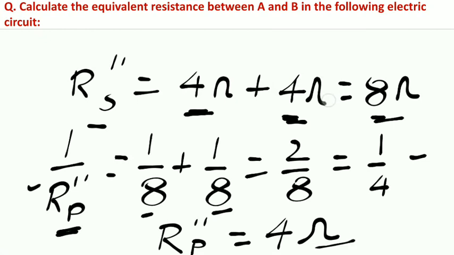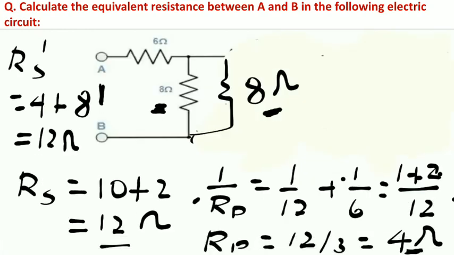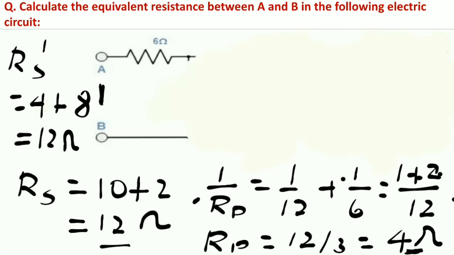So let us remove these two, this 8 ohm and this 8 ohm. The resultant of these two will be 4 ohm. So let us remove these two and place the value of resultant. So we have removed these two resistors and the resultant of them is 4 ohm.